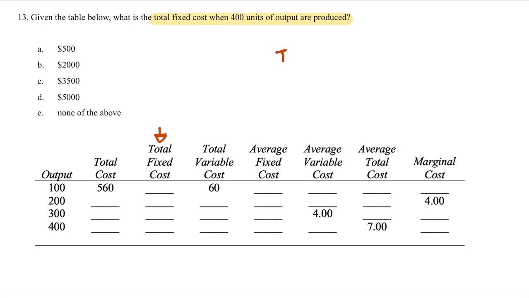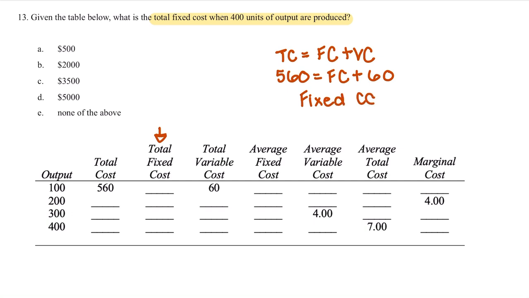Total costs are fixed cost plus variable costs, which means if our total cost is 560, our fixed costs plus 60, that means that our fixed is $500, because there will be a 500 right here, but you don't have to fill in the rest of the table unless you just really want to.